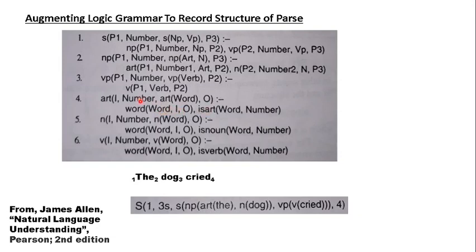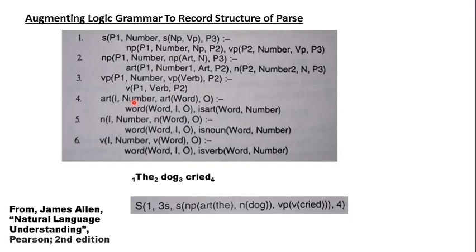So when this right side gets unified completely with its constituents, the variable word will be passed to the left side. So this "the" will be going here, and it will be marked as an article.